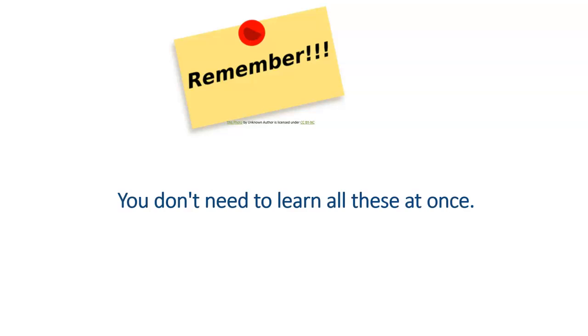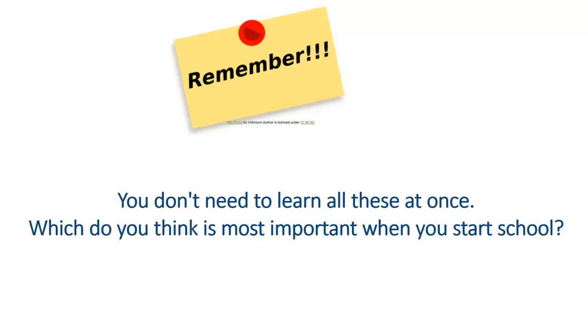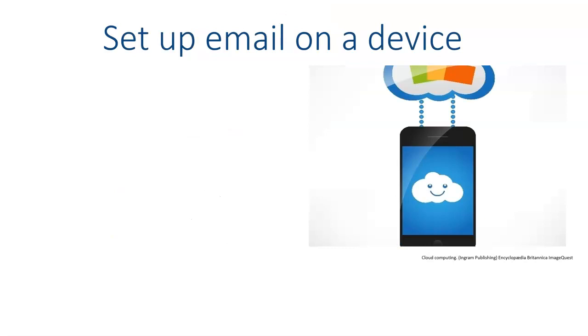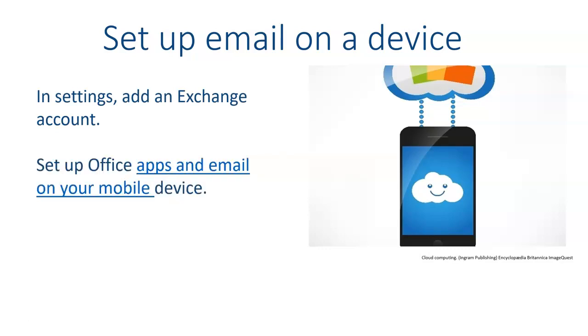Also remember, you don't need to learn all these apps at once. Which do you think is most important when you start school? Did you guess email? That's right, we really want you to learn the email tool. You can also set up email on a device. In Settings, you add an Exchange account.